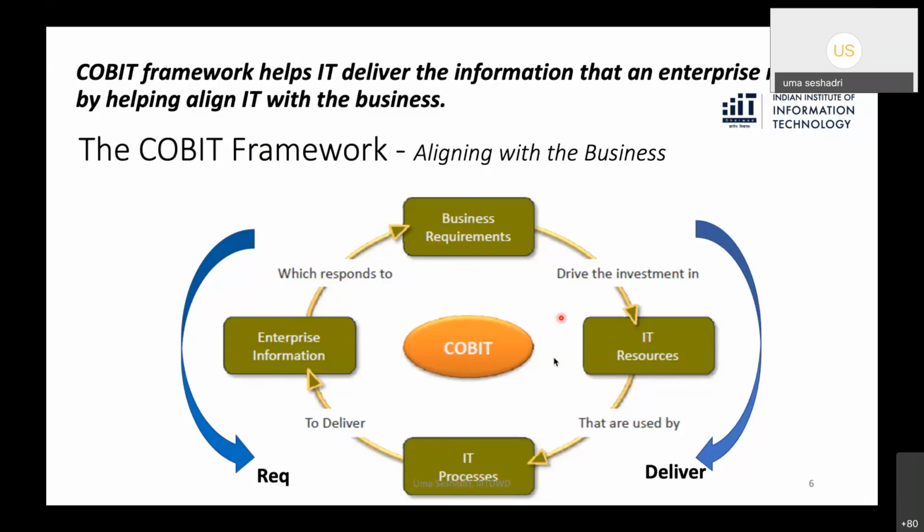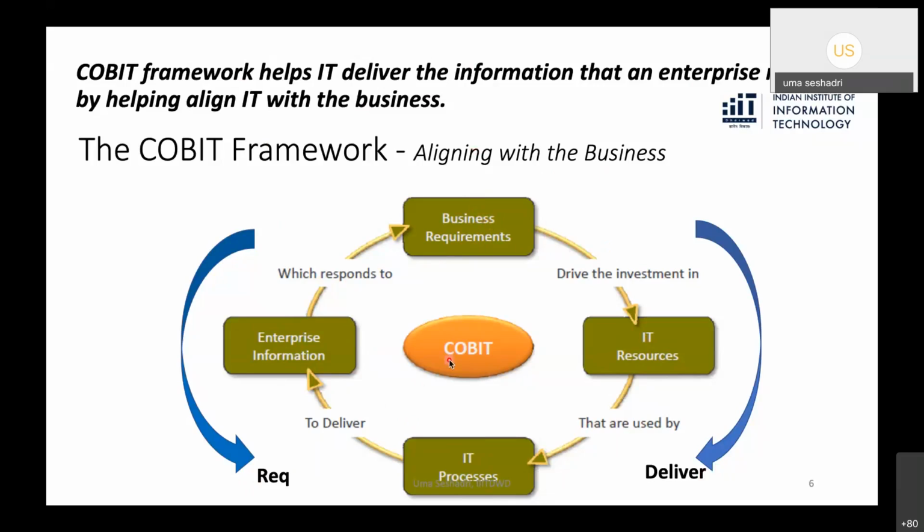So COBIT has to exist in each of these different types of business processes or activities in the organization. One is to collect the requirements, then ensure that your processes are highly managed and governed, and also deliver the requirements established for the business goals. So you always have to go hand in hand with the business goals and implement COBIT.